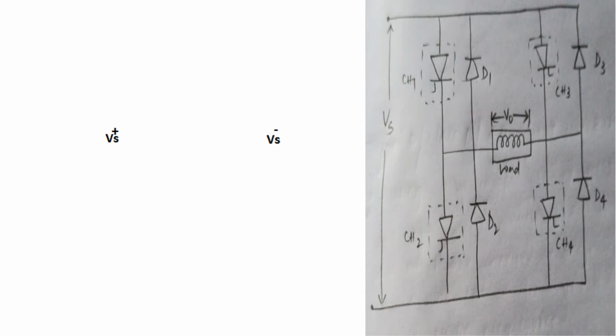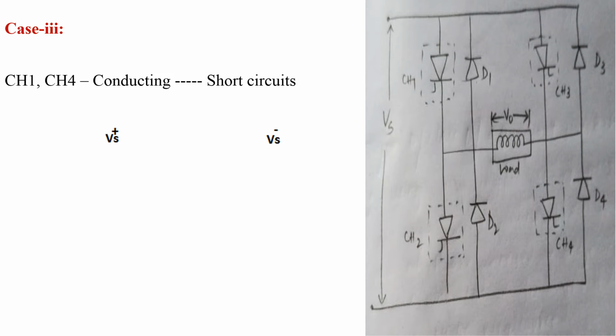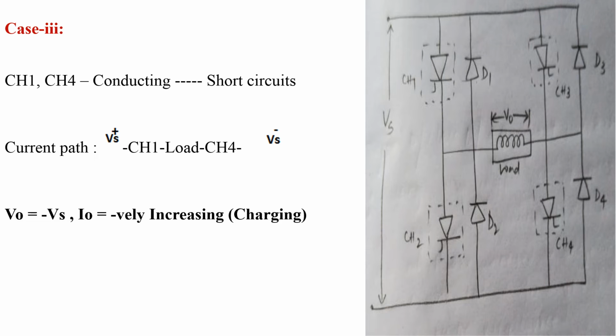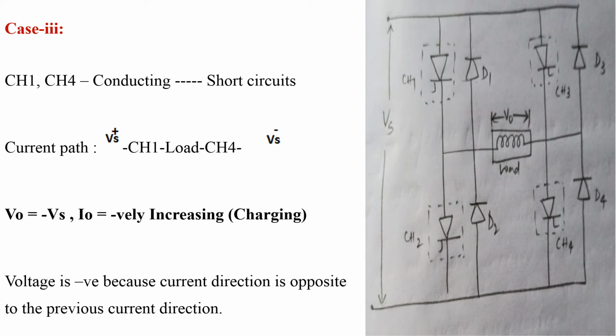Coming to the third case of working, this is the circuit diagram. In the third case, we are going to consider that chopper CH1 as well as CH4 are in conducting state, and all remaining choppers and diodes are in non-conducting state. Means CH1 and CH4 act as a short circuit.